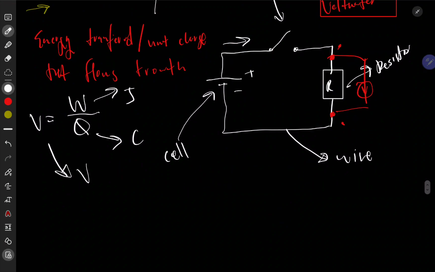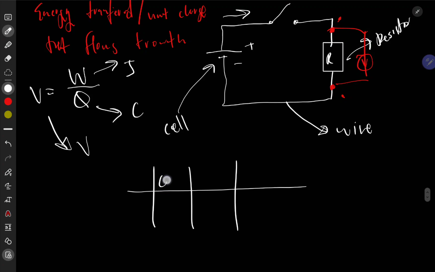Okay, cool. I'll also do a very easy example so that you can see what I'm talking about. What if now you have 60 kilojoules of energy transferred to 5 kilocoulombs? Remember, you bring up your formula.